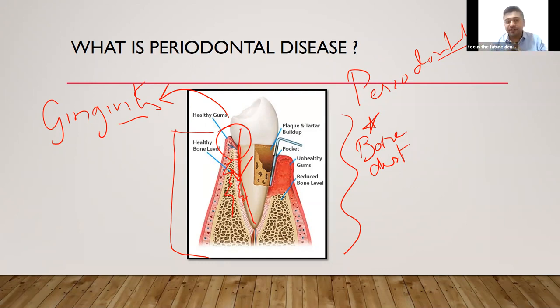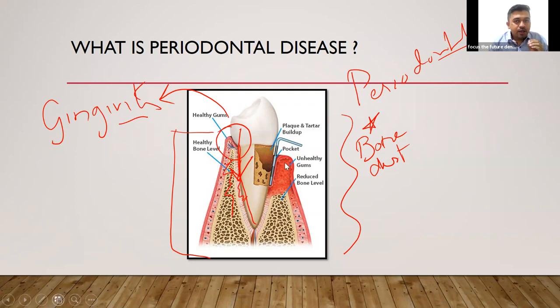I hope the basic difference is clear. Gingivitis is just inflammation of gingiva, whereas in periodontitis, other periodontal structures like your cementum, periodontal ligament, and alveolar bone are involved. So that is the basic gist of periodontal disease: you have periodontitis and you have gingivitis.